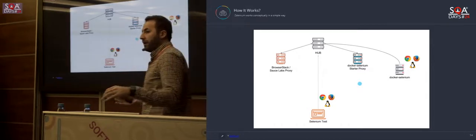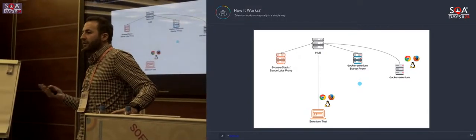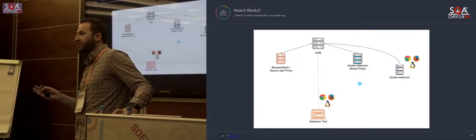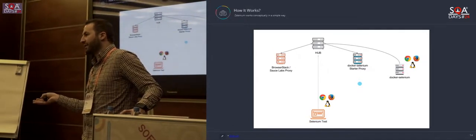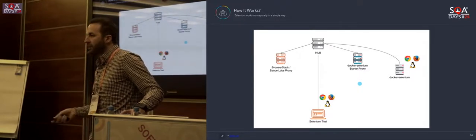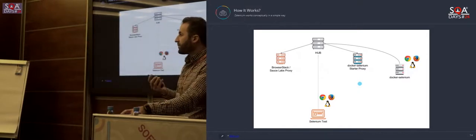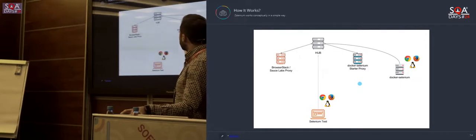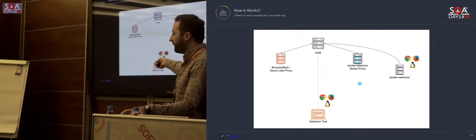From the information I gave you previously, you already know that the official grid supports Chrome and Firefox running in a Linux environment. So what if we need to run on Windows, like most of the users use? In this case, the smarter proxy living here becomes important.